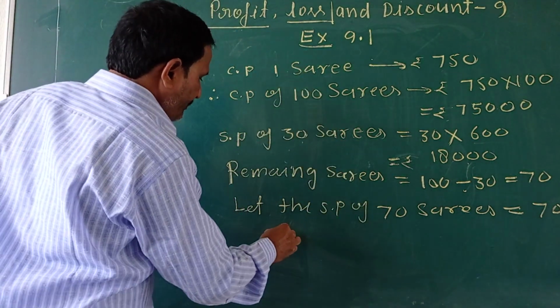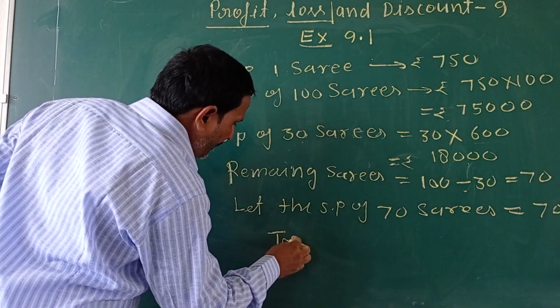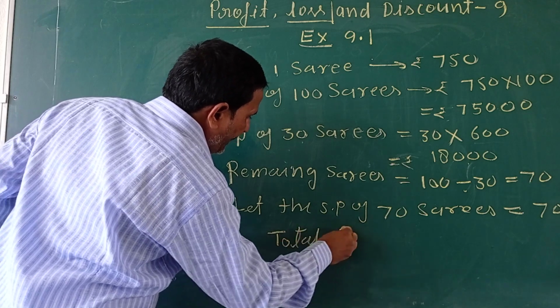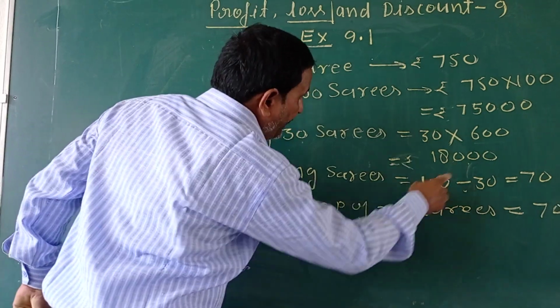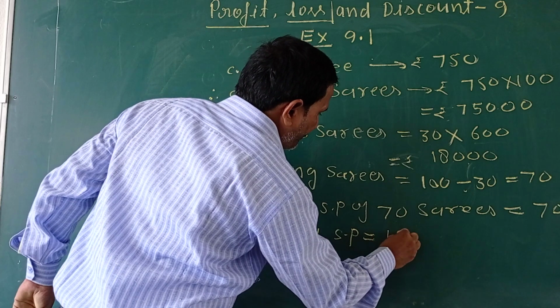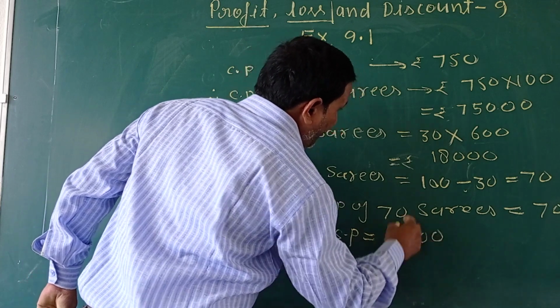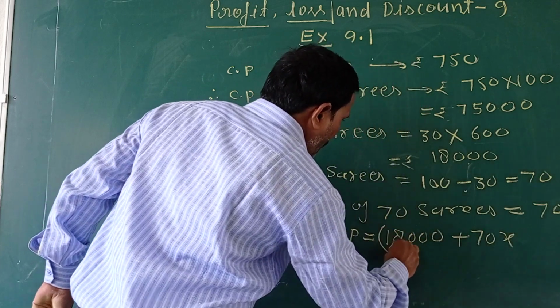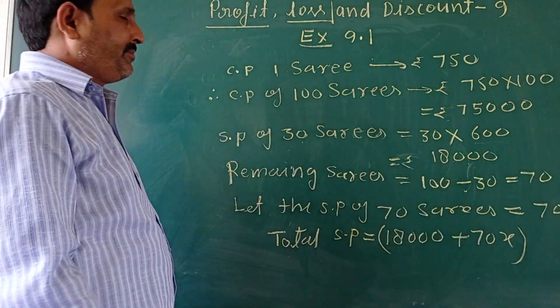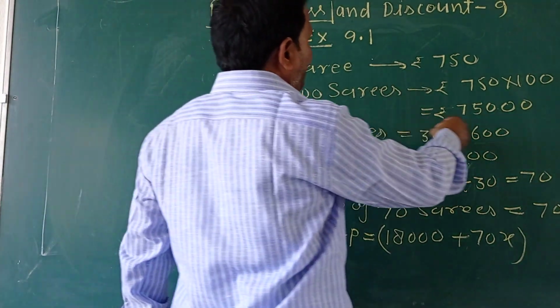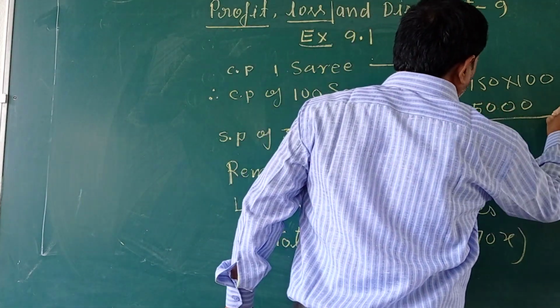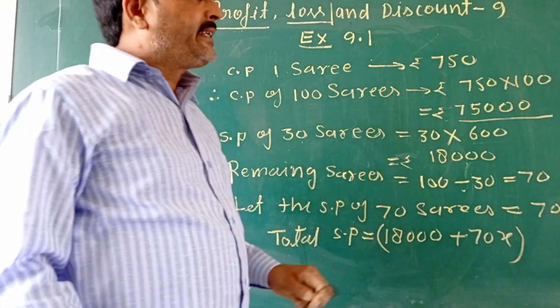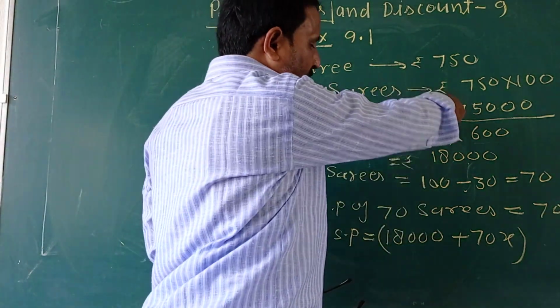Total ST, selling price, is 18,000 plus 70x. This is the total ST value. And total CP is this one. Now gain 10%. Now you calculate the gain.